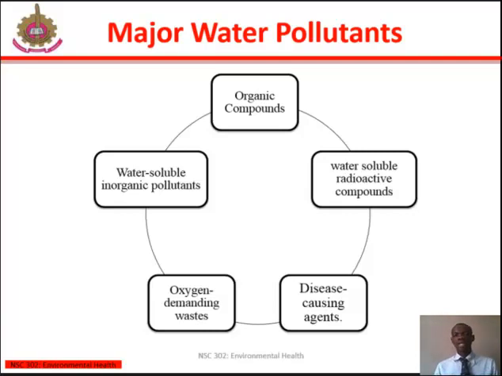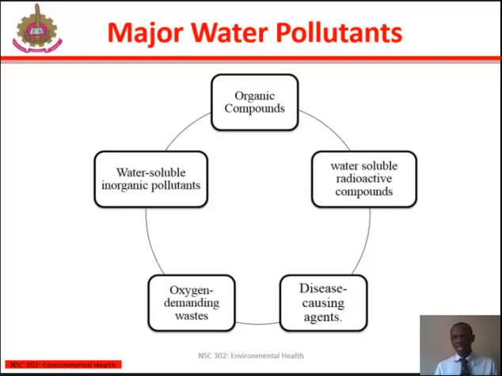Let's talk about another major water pollutant, water-soluble inorganic pollutants such as acids, salts, and toxic metals. Large quantities of these compounds will make water unfit to drink and will cause the death of aquatic life. Organic compounds such as oil, plastic, and pesticides are harmful to humans and all plants and animals in the water.